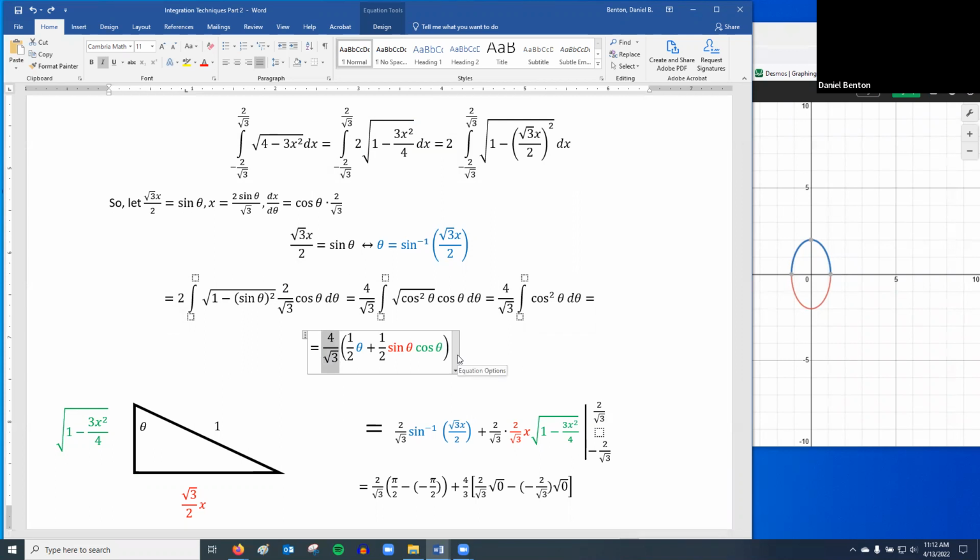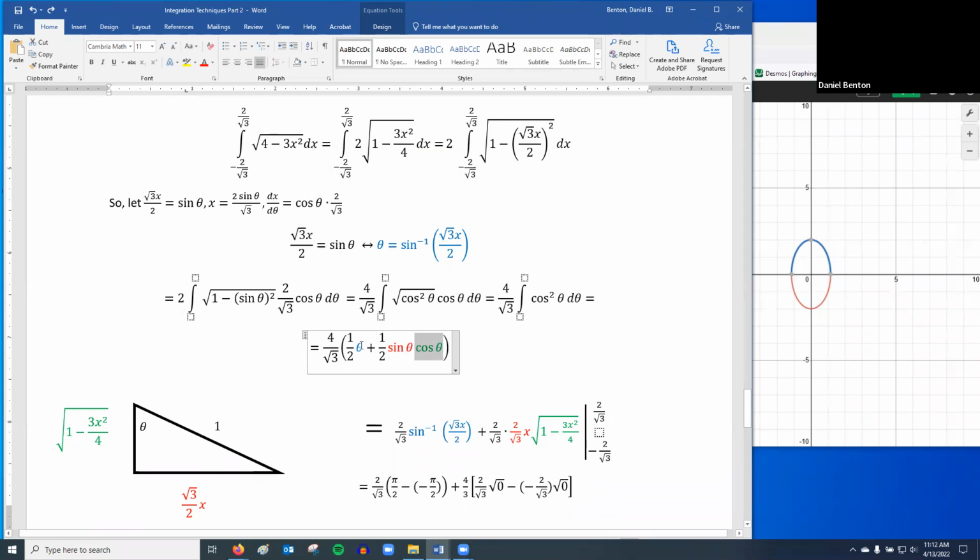Okay. Now we want to do a substitution back for x. Our first substitution is theta. When we do our theta substitution, we get this one right here. Now, the other ones that we do are sine and cosine.